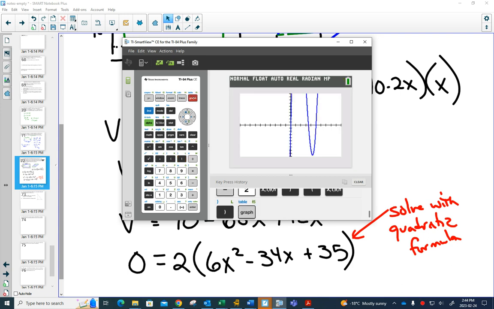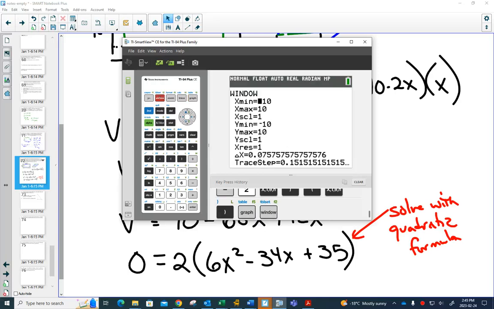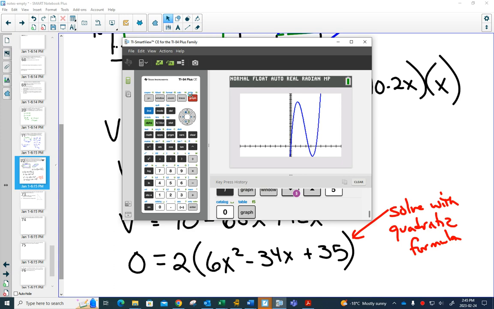And I hit graph. It makes an x cubed graph. Right now, the maximum is not showing. I do see a minimum here. So I can go to my window and maybe I want to see some more, my y max to 50, maybe that's enough for me. Oh, worked out pretty nice. To see the maximum, okay?